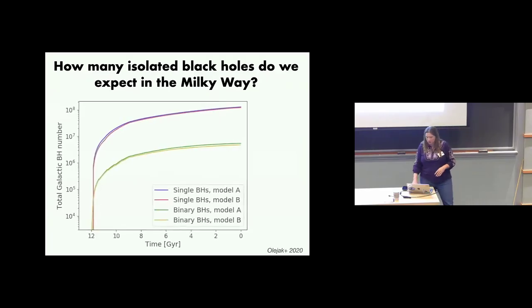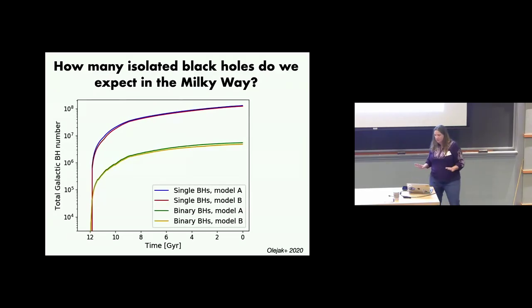However, what's in the literature today is pretty consistent: forward modeling population synthesis with everything we know about mass exchange in binaries, not triples, but evaporation, disruptions, mergers, all leads to the vast majority of black holes living in isolation. Something like 10^8 solar mass black holes should be in isolation in the Milky Way, whereas those in binaries that remain in binaries after their black holes is something like 10^6.